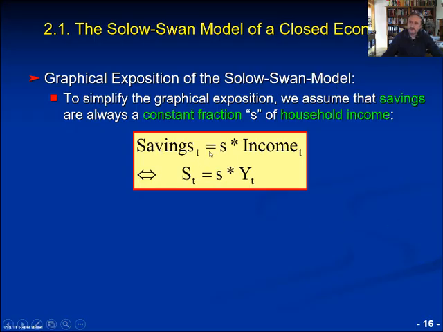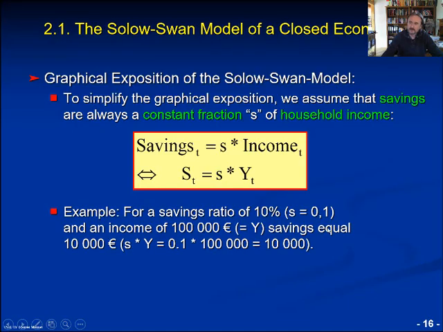Savings of household is equal to a constant percentage fraction of household income. We use the shortcuts as we have done so far. Total savings is capital letter S, the savings ratio is small letter s, and income or GDP is symbolized by I.